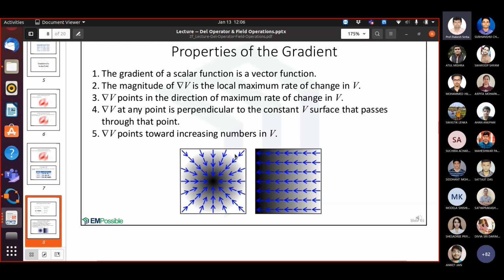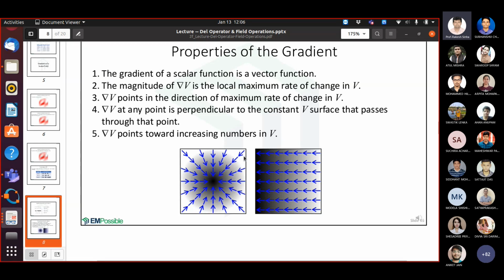For example, here in the center of this surface there is a negative charge. Then this gradient indicates the electric field: the direction and the strength of the electric field.